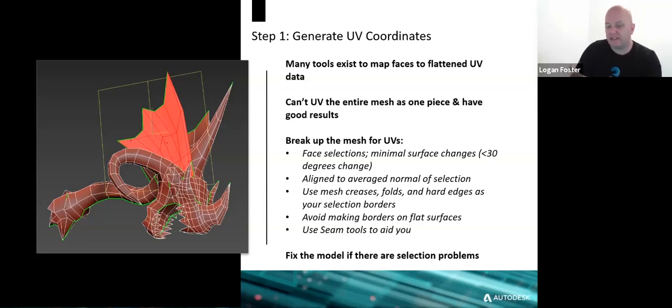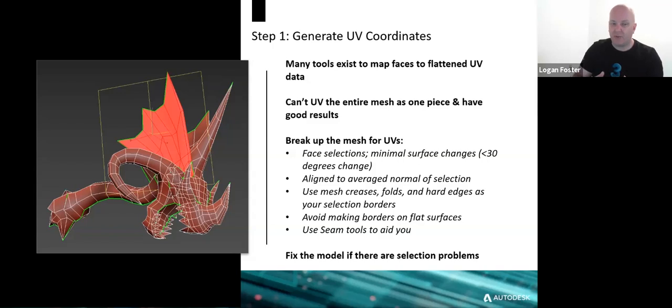And what you might find at this very first process as you're working with it is that there might be odd errors in the model. So you might have edge loops that don't terminate on their start points. They might actually wind and loop around. You might have areas where you're like, oh, I need to have an extra edge loop here because it's going to help me map this texture better.